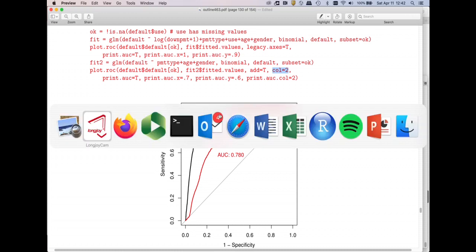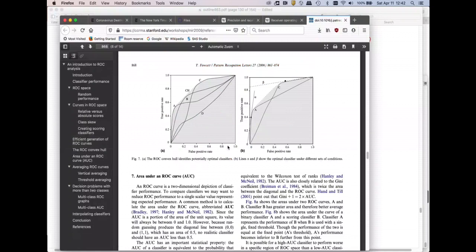If we go back to the article, you're going to see they give a slightly more complicated setting where you have 4 models, A, B, C, and D, and different models win in different regions of this ROC space.